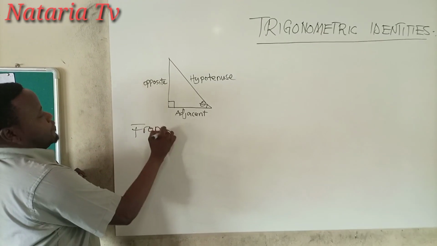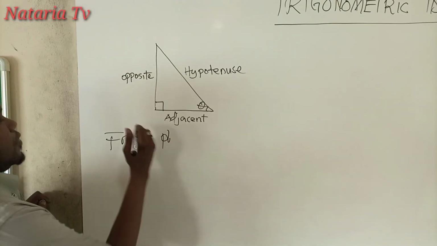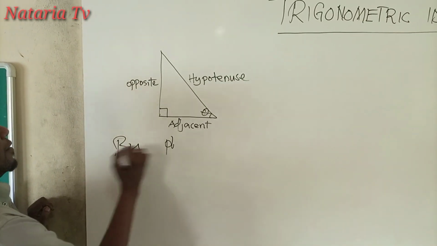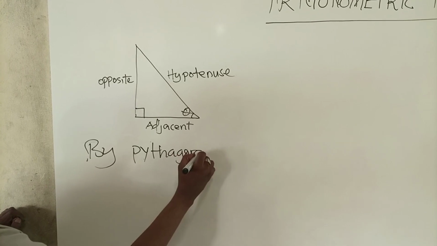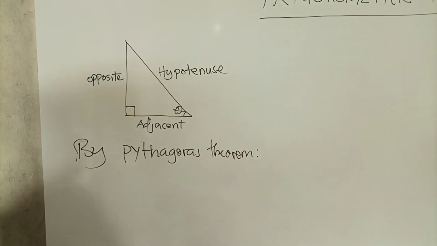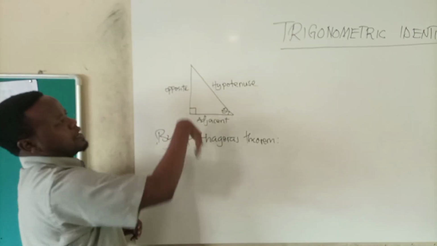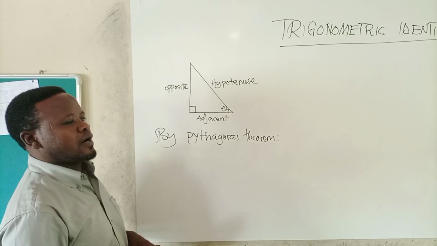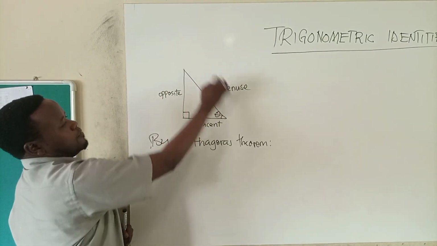by Pythagoras theorem. We know that Pythagoras theorem states, like they say, a square plus b square is equal to c square. But here we have the name of each side.